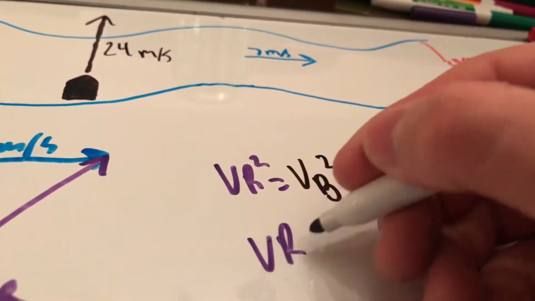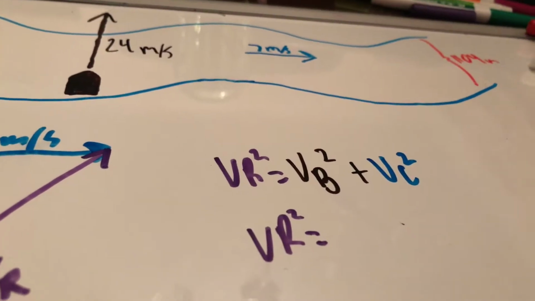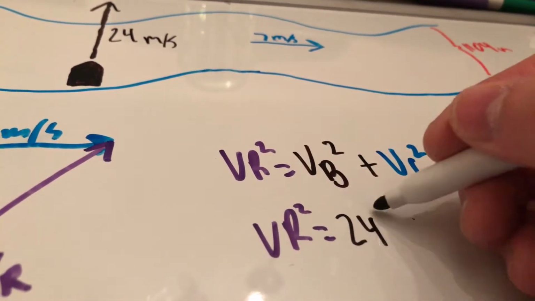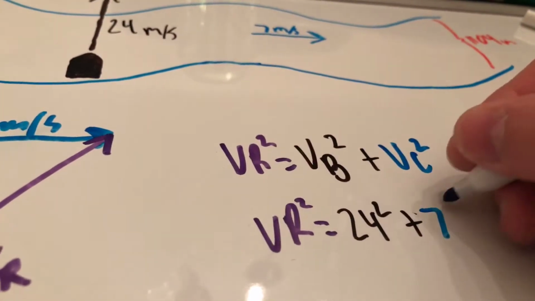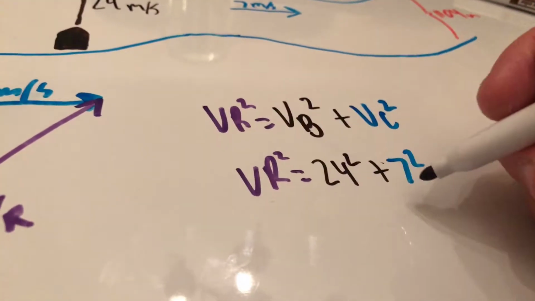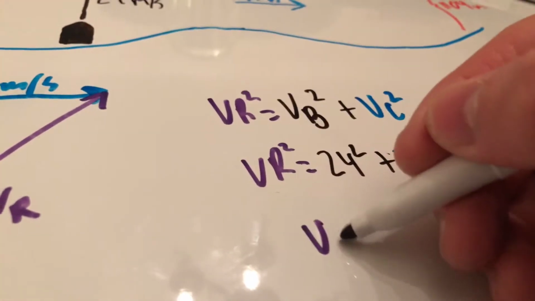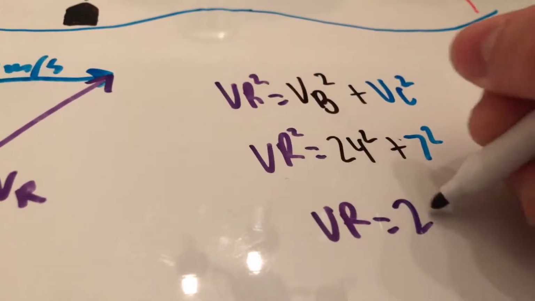VR squared is equal to the velocity of the boat, which is 24 squared, plus the velocity of the current, which is 7 squared, and take the square root of that, and VR is equal to 25 meters per second.